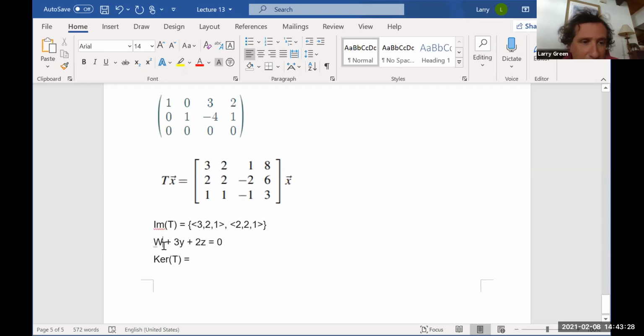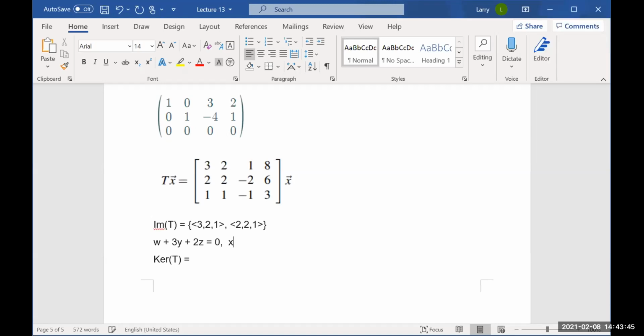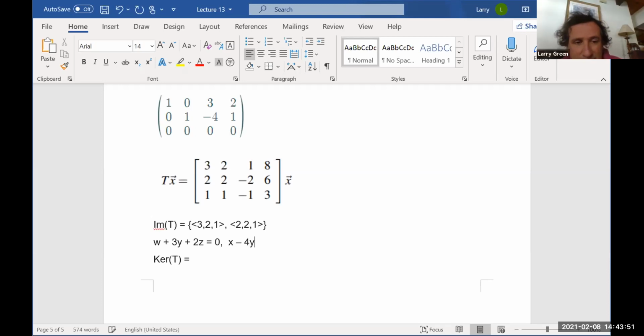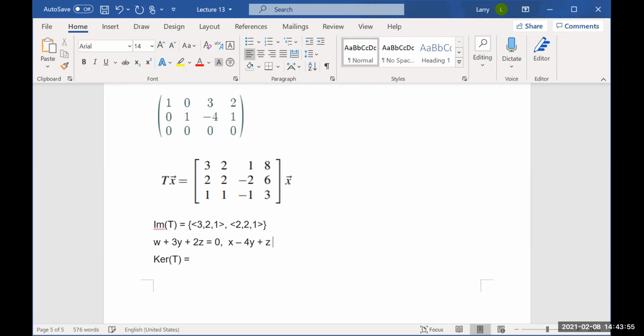And the second row tells you what? What equation do you have? X minus 4Y plus Z equals 0.